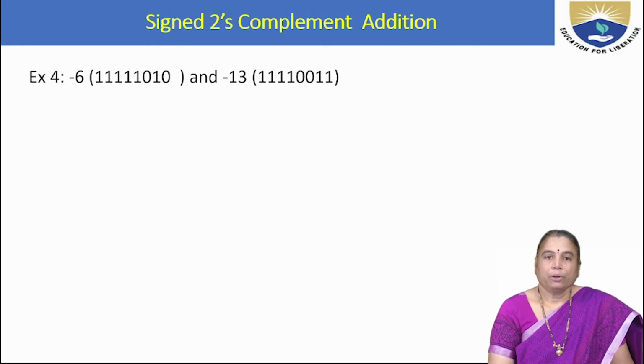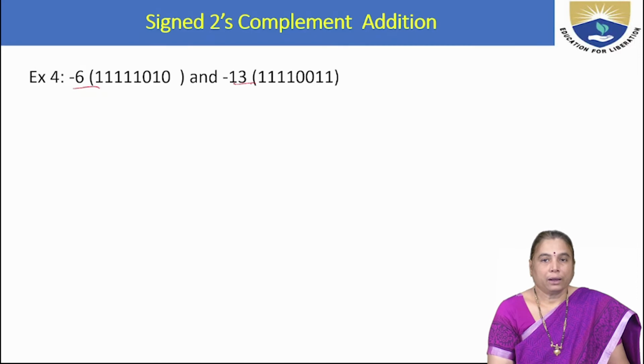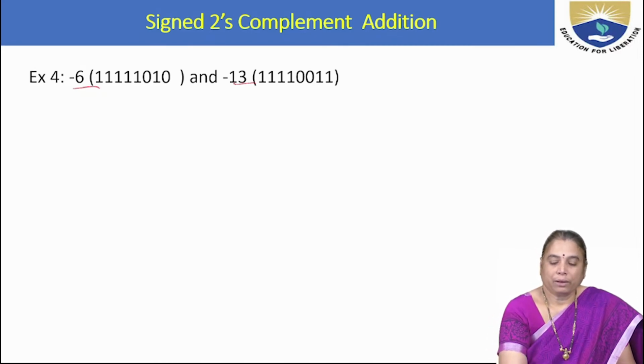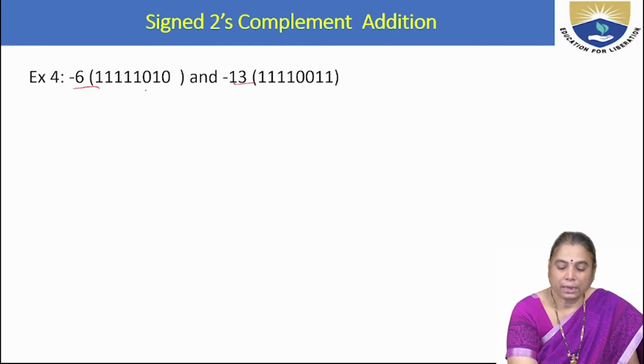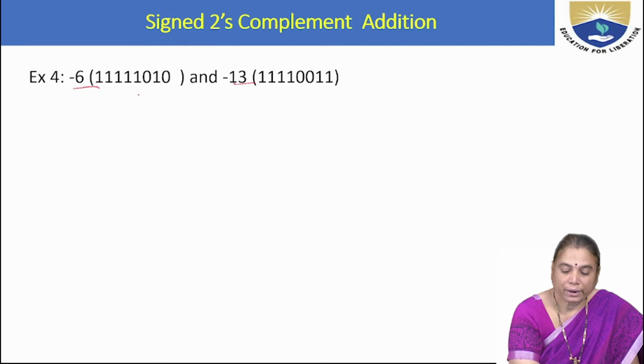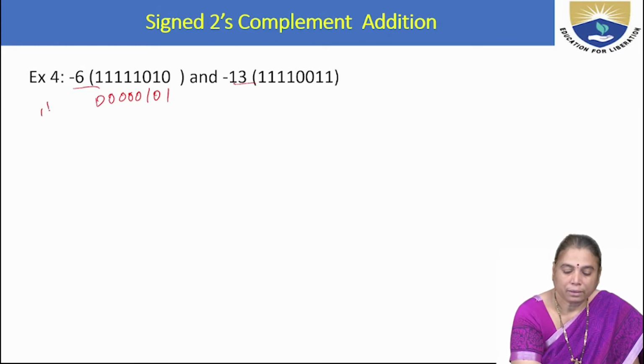Next we have two numbers with the negative sign. So we have to calculate the 2's complement of 6 as well as the 2's complement of 13, and they can be added in order to get the sum value. So here this is the -6 representation. So here we have to find the 1's complement of this number, and 1's complement plus 1 is the 2's complement value.